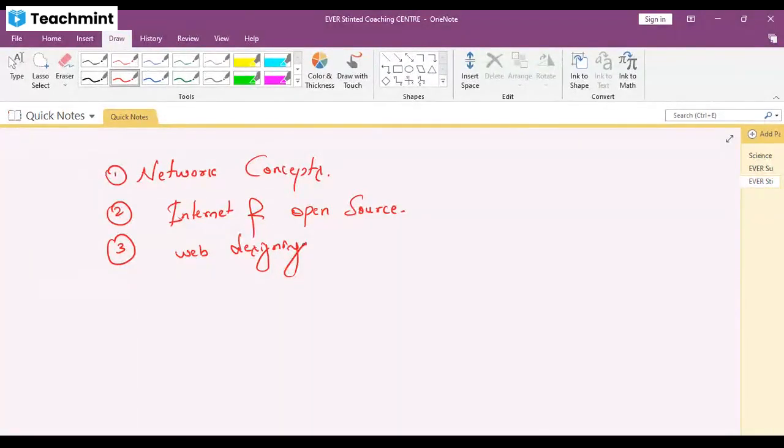Now, can you tell me, any of you, how much marks you can score from these chapters? Do you have any kind of guess? Minimum, I'm not telling maximum. How many marks you can score from these chapters? Do you have any basic idea? 15 to 20, sir.